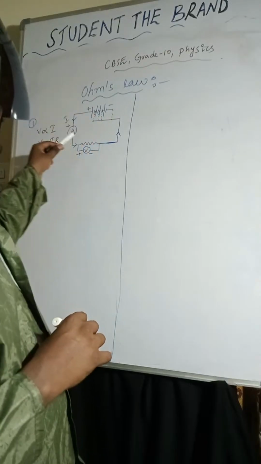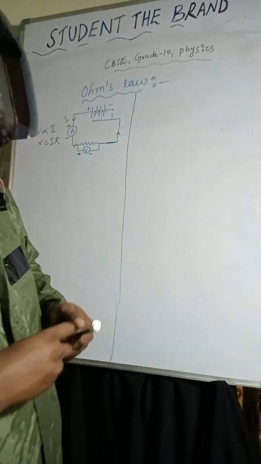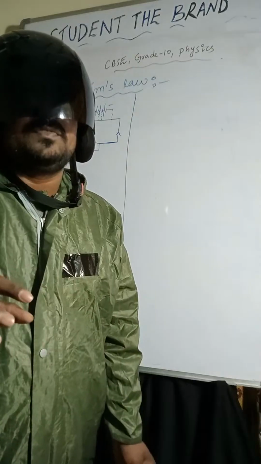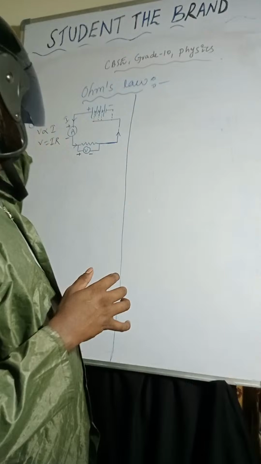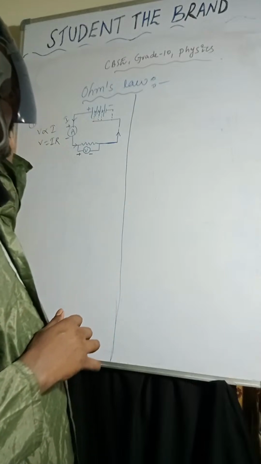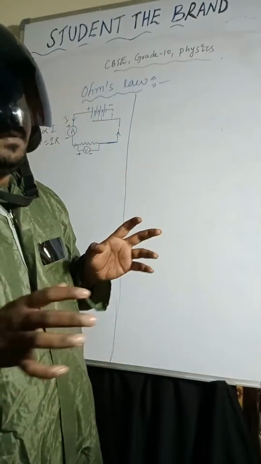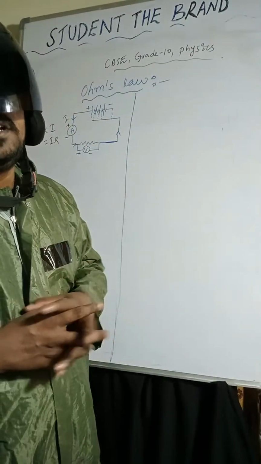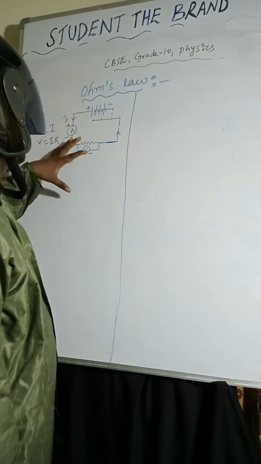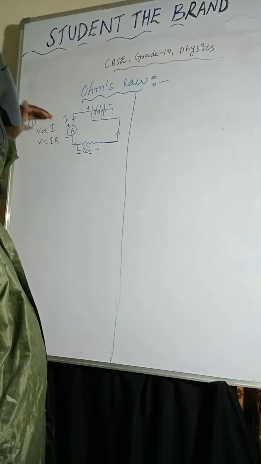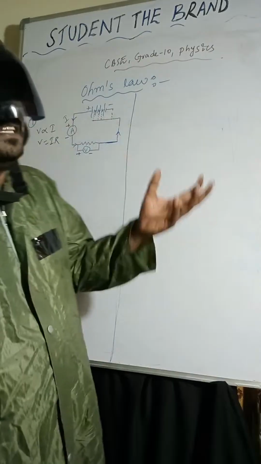The potential difference across a given metallic conductor. So the proper definition is: the potential difference across the ends of the given metallic conductor is directly proportional to the current flowing through it at a constant temperature, and physical conditions also.